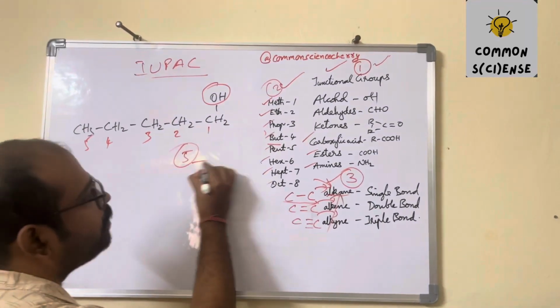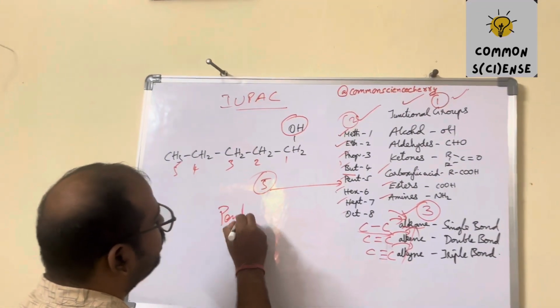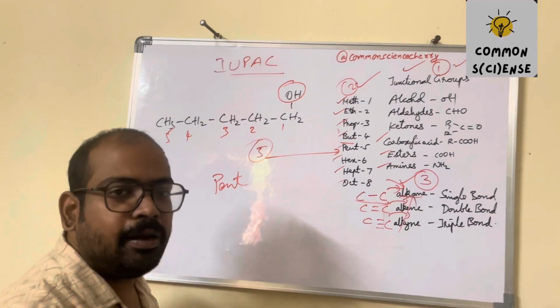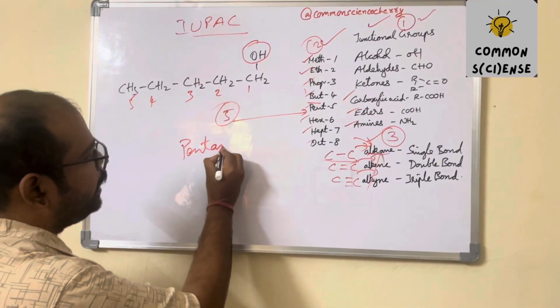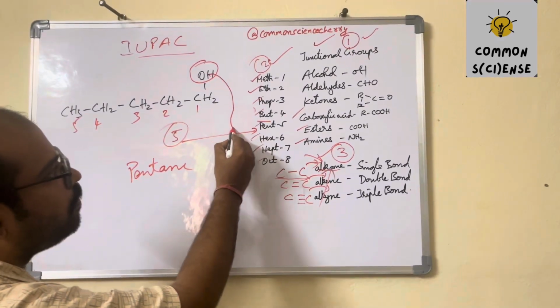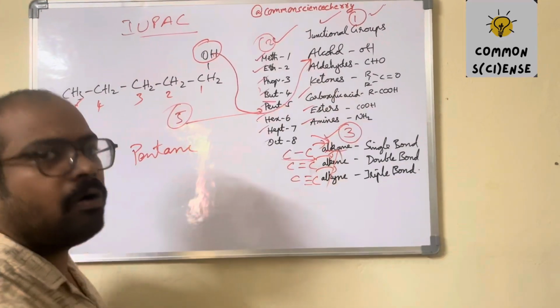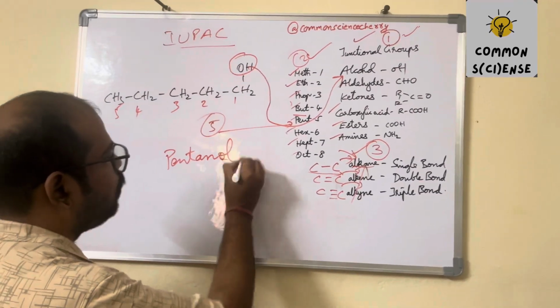The name for 5 is pent. Does it have single bond or double bond? It has only single bond, so it will be pentane. But it also contains a functional group called OH, alcohol. So we can write it as pentanol.